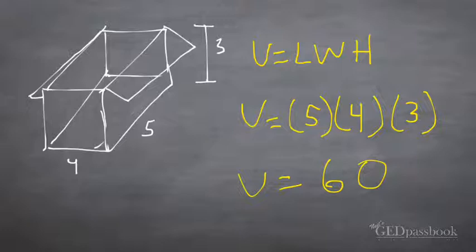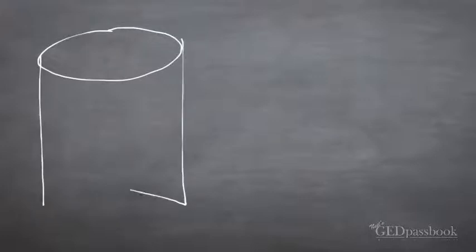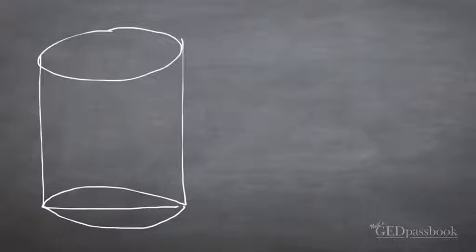So now let's turn it up a notch using a formula that isn't so simplistic as length times width times height. Let me give you this. Okay, so here's the word problem.